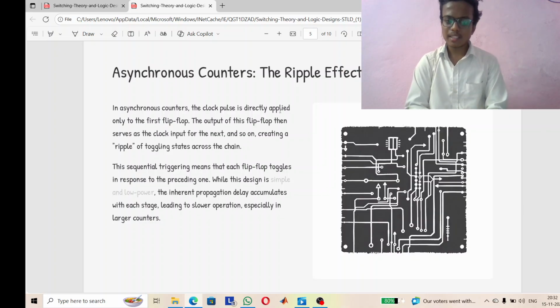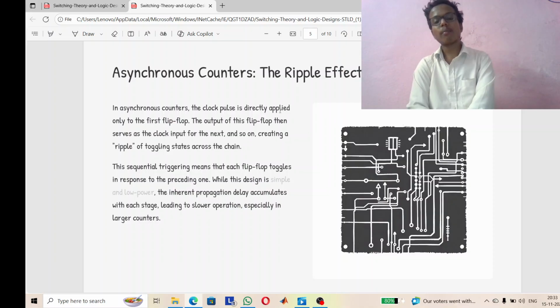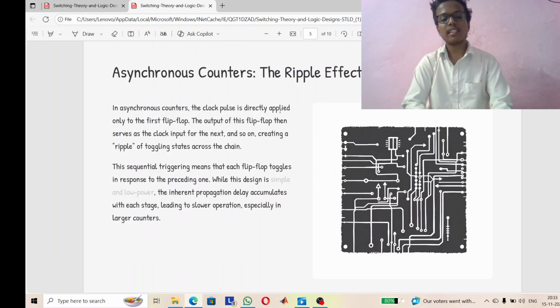This sequential triggering means that each flip-flop toggles in response to the preceding one. While this design is simple and low power, the inherent propagation delay accumulates with each stage, leading to slower operation, especially in larger counters.